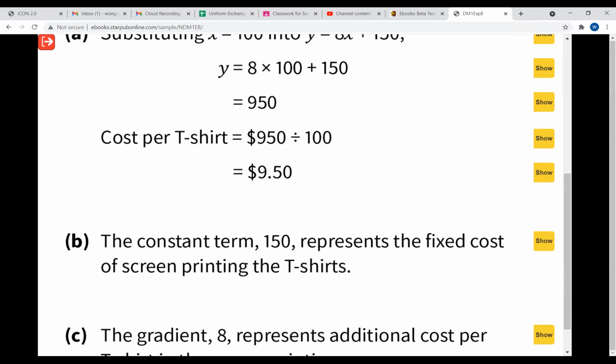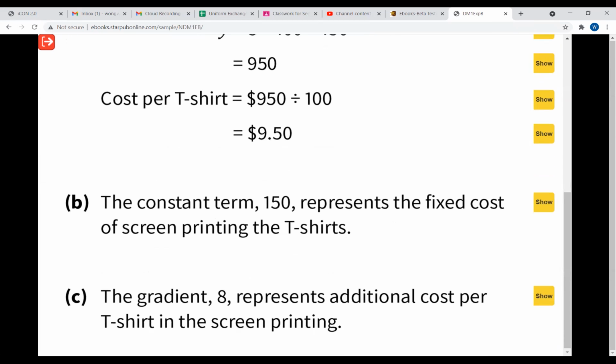And that is added on to the $8 per t-shirt. If I have 1 million people buying t-shirt, the price per t-shirt gets very, very close to 8, which is the supposed cost of a t-shirt only per person. Okay, it is just a matter of dividing the 150 by the number of t-shirts that are printed.